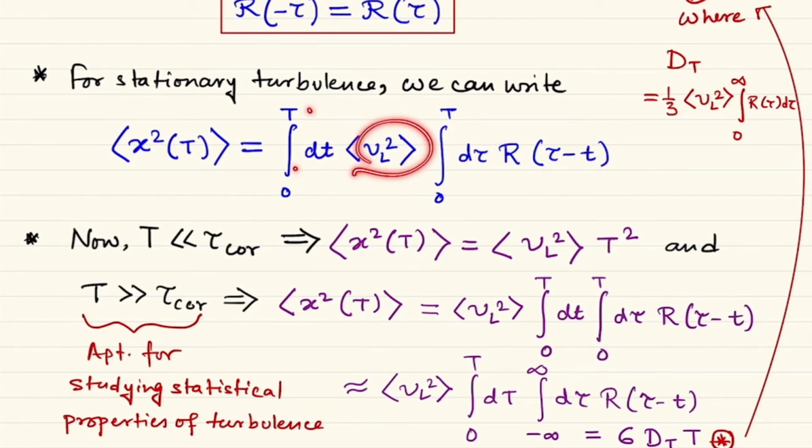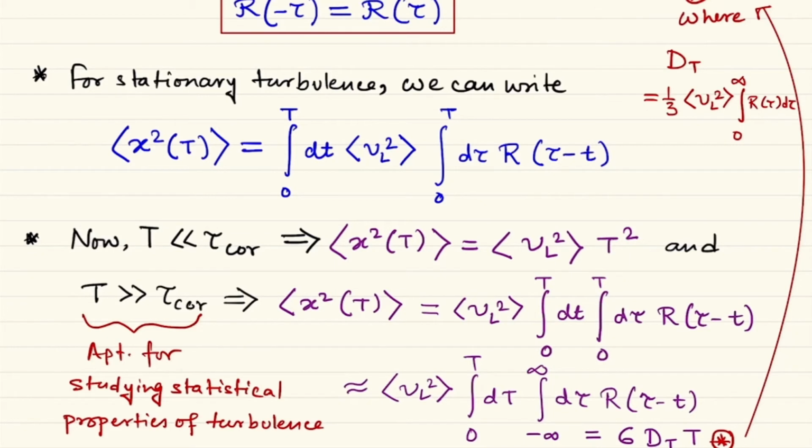This will give you capital T. So you will simply have your mean square displacement equal to some constant times t square. So when we are in a very short time, the mean square displacement is proportional to t square, so it has a parabolic relationship with t.